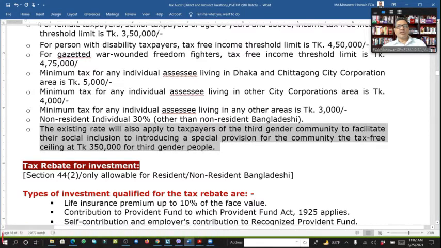Other things remain unchanged from last year. So this is the audit point of view.